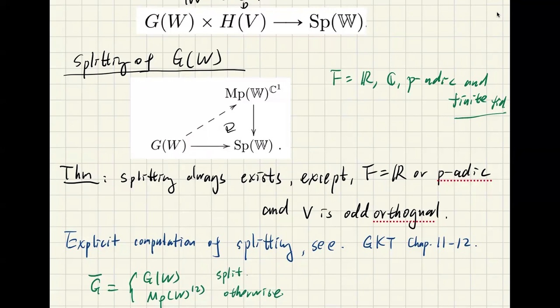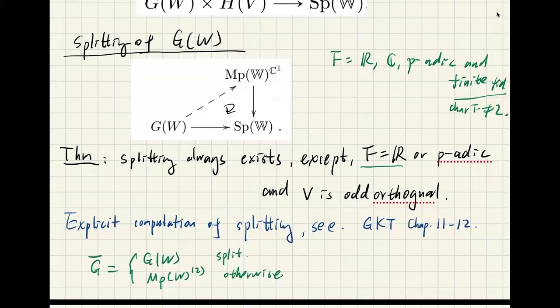The wave representation is actually a symplectic group representation. Okay, finite field with characteristic of F not equal to 2, I should say. Right. But the exceptional case is that F is R or a p-adic field, and the space V is an odd orthogonal group. In this case, you cannot find the splitting.